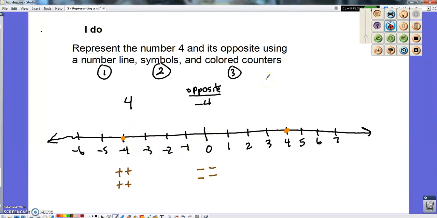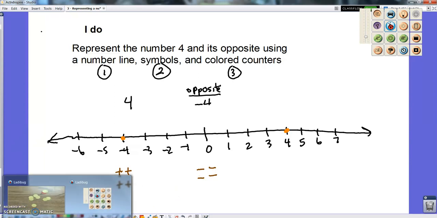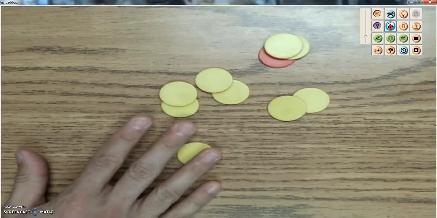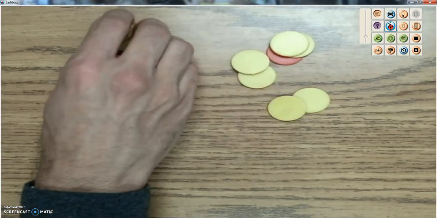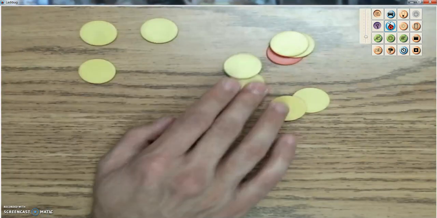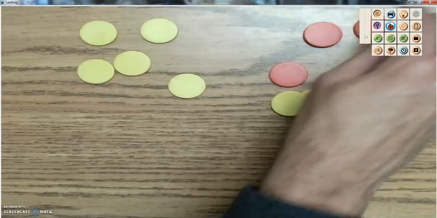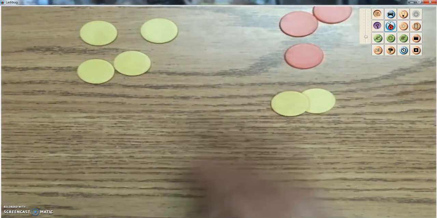And then a third way you'll often see books or problems represent positive and negative numbers is very similar to the symbols, but they'll use counters with different colors. So for instance, they might do 4 yellow counters, typically yellow, and then -4 would be 4 red counters.